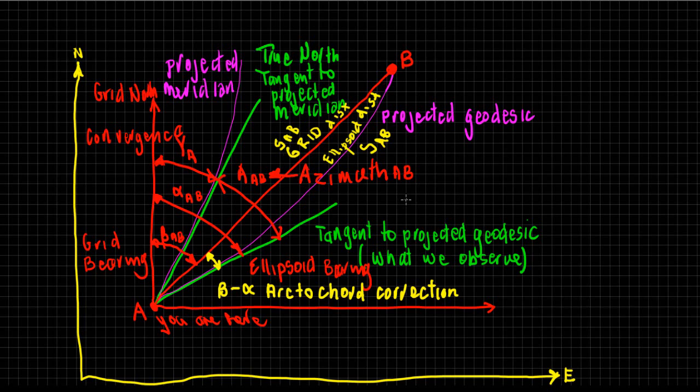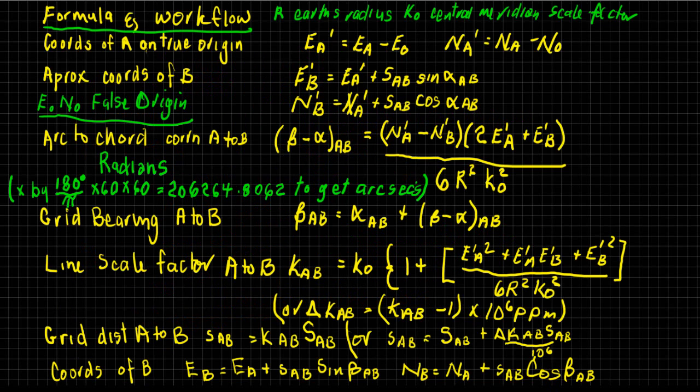So it only comes into play when we're observing very long lines, and in most of the stuff we do these days, observing and measuring distances is over short lines. So these are diagrams to explain what we're dealing with here. Let's have a look at a few formulas and a workflow.